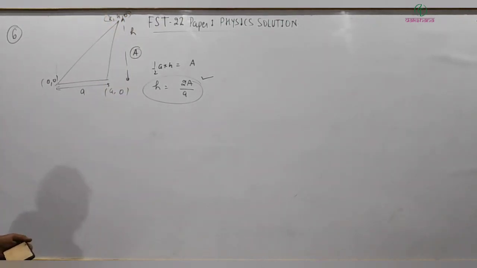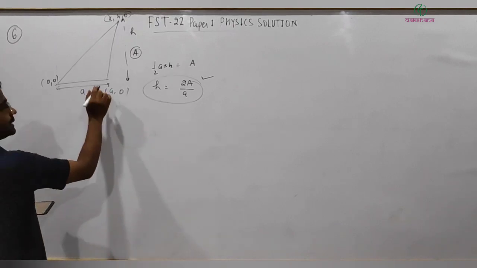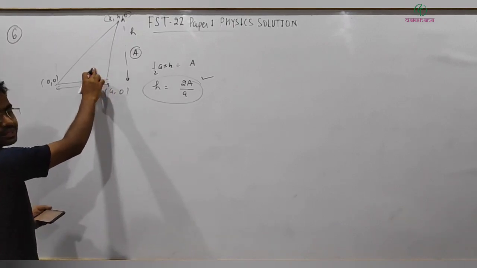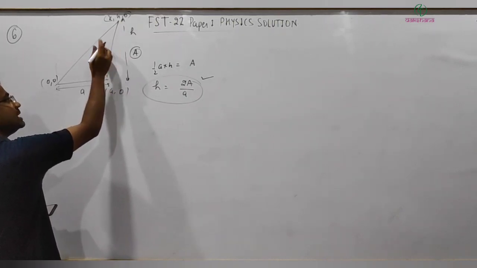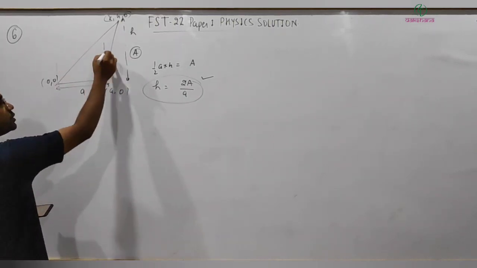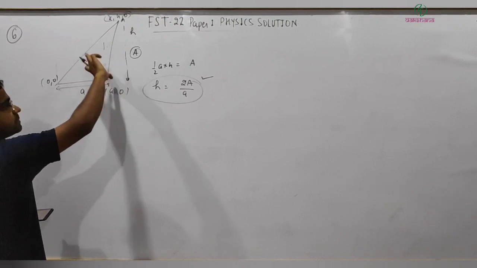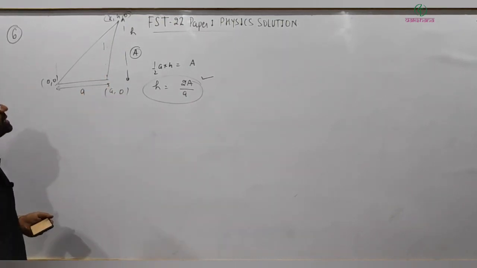So these are the coordinates. Then I can write for this triangle should not topple, the center of mass must be lying behind this, because if center of mass is lying beyond, it will apply some torque and that can topple this triangle.